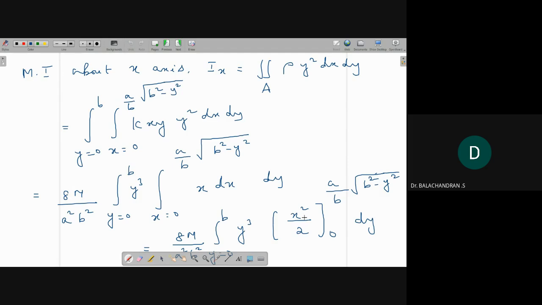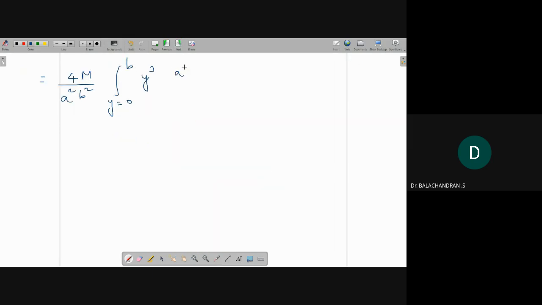Okay, so if you substitute the limits, a square by b square into root cancel, b square minus y square, a square by b square into b square minus y square into dy.